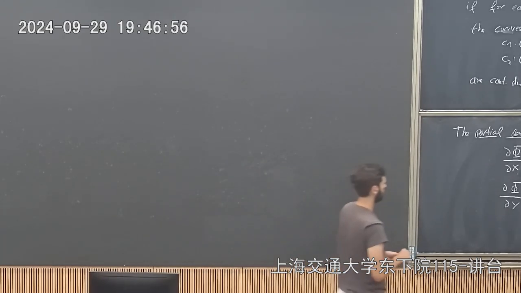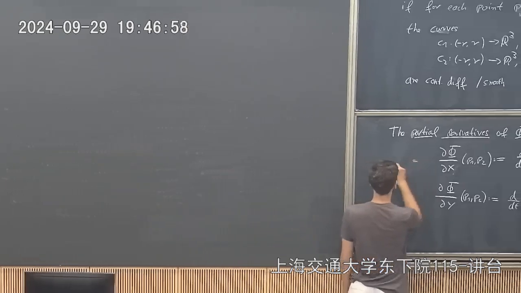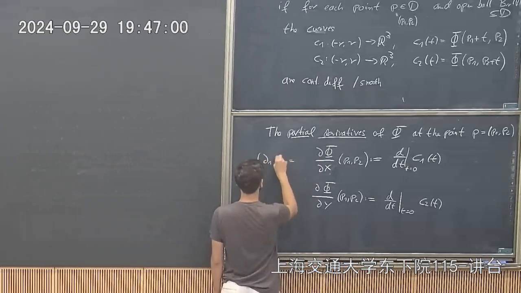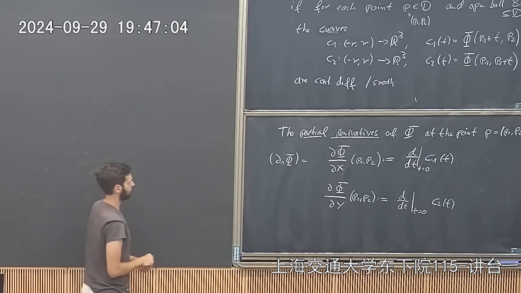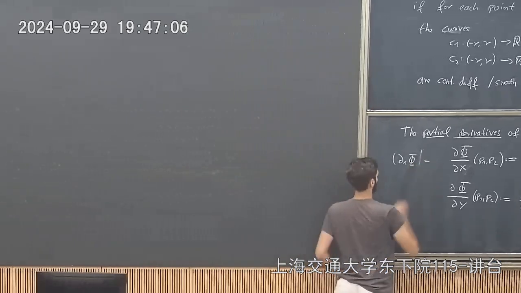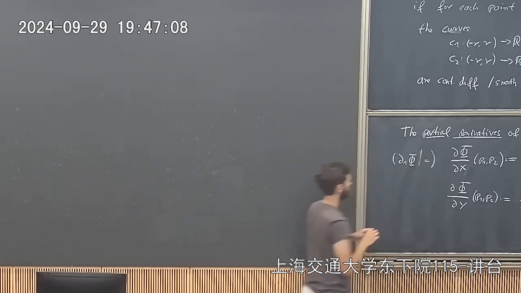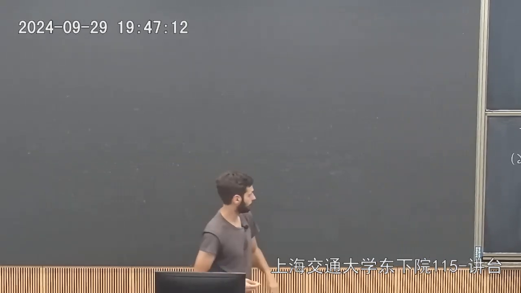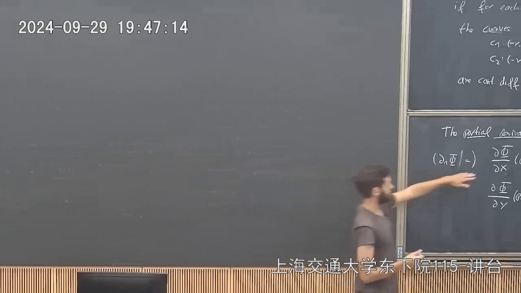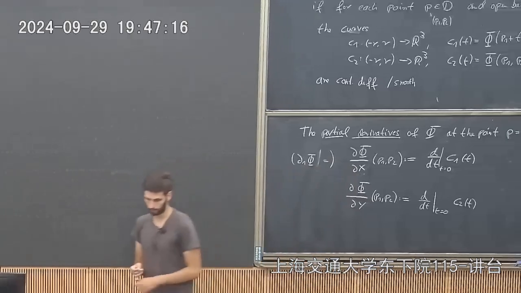Sometimes, in some books, you might see that it's denoted by d1 of phi, but I think I will always write d phi with respect to the x direction.